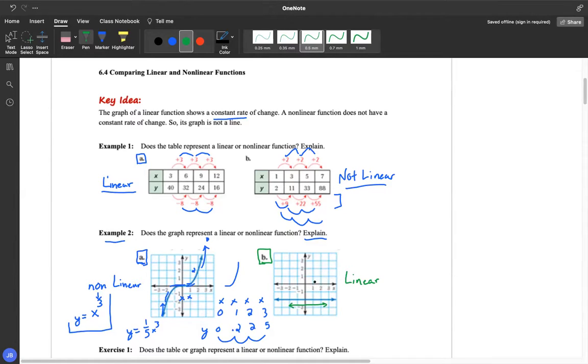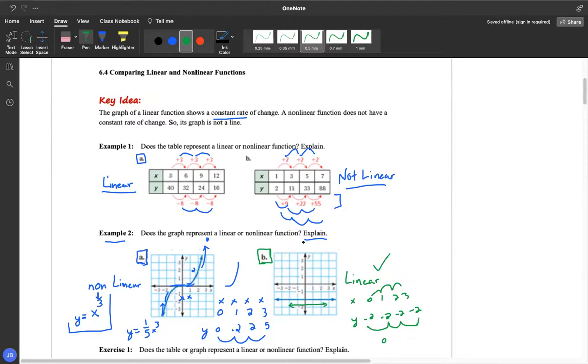So if we said x is 0, 1, 2, and 3, then y looks like it is -2, -2, -2, -2. So it would be linear because this goes up 1 and this changes 0, right? It's just 0. So since that is a constant rate of change, it's no rate of change, it's constant. So that would be linear.